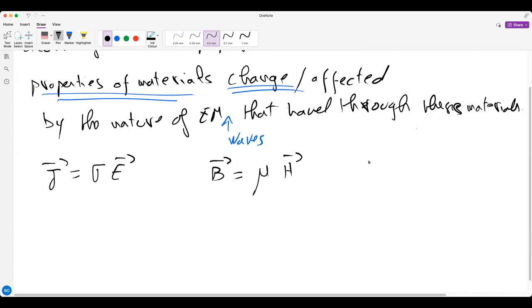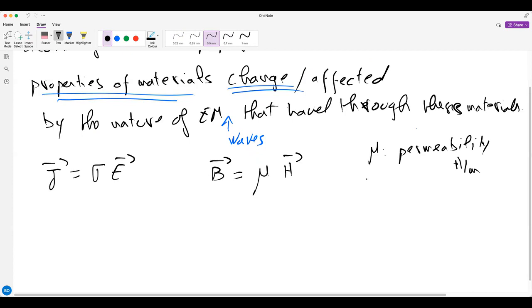The mu is the permeability, which is in Henry per meter. And you know the conductivity, the permittivity, and so on.